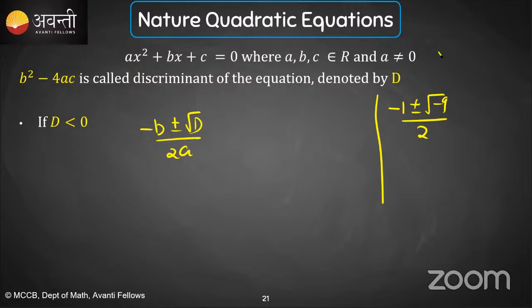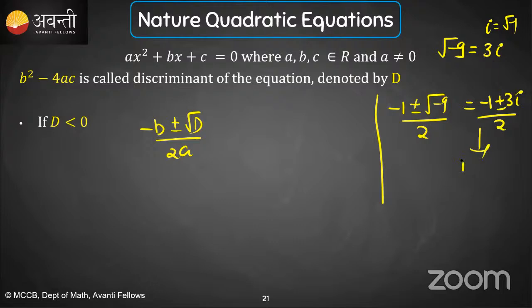So what is root minus 9? The square root inside cannot be negative. We all know that. Yes or no? I have told you also that this is nothing but 3 times iota, right? Where iota is the square root of minus 1. This can be written as minus b plus minus 3 iota by 2.